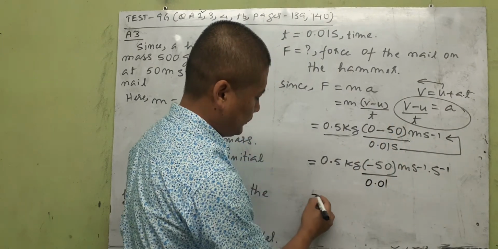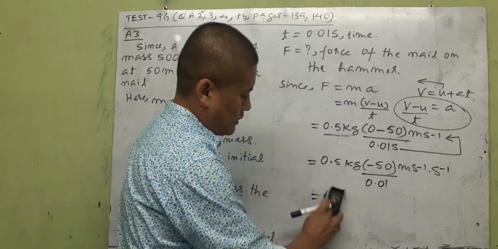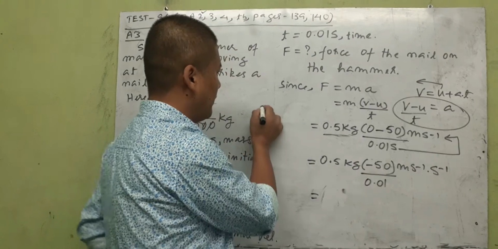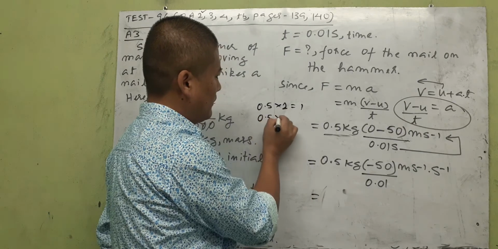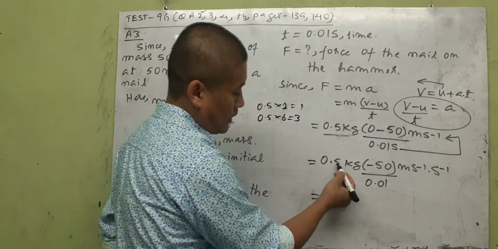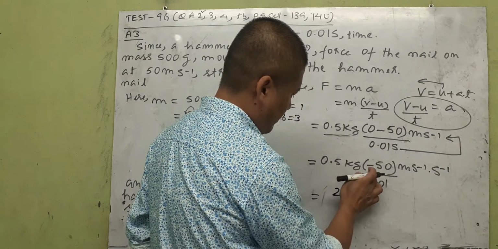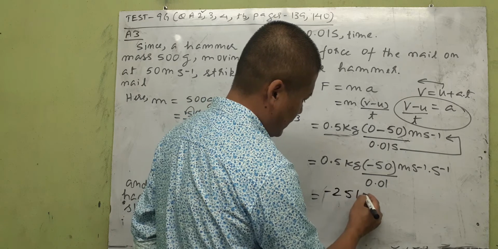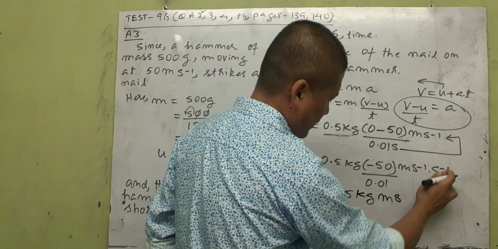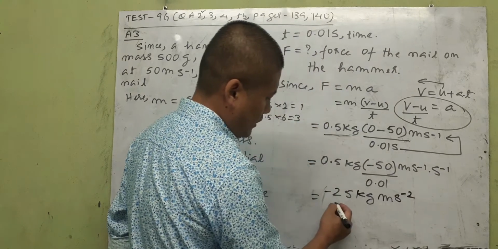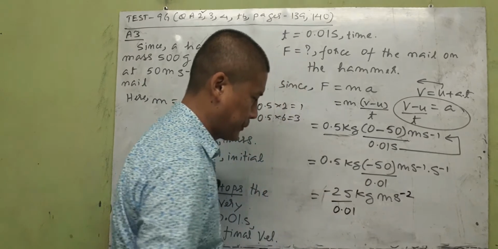Second is shifted up. So 0.5, okay, let us do it here. Means it's half of, multiply to anything become half. Meaning 0.5 into 2, then half of 2 is 1. 0.5 into 6, half of 6 is 3, like that. 0.5 into 50 means half of 50 is 25. Minus into plus is minus, then here kg meter per second to the power minus 2. Then divided by here 0.01.